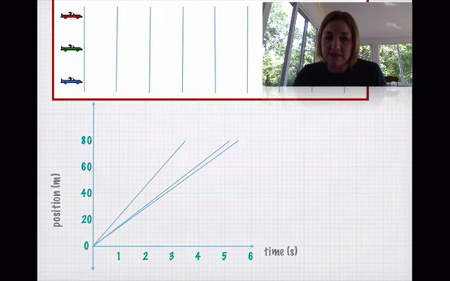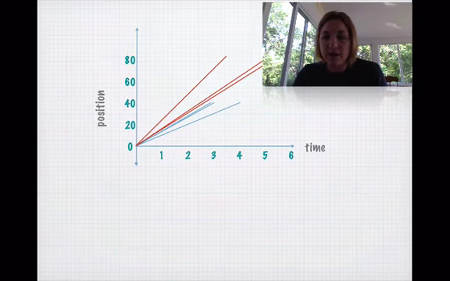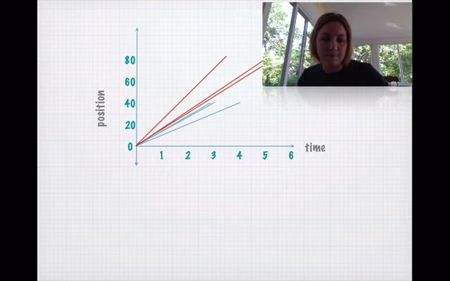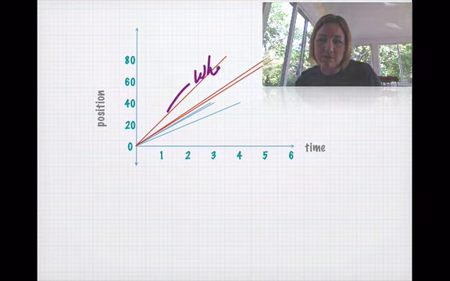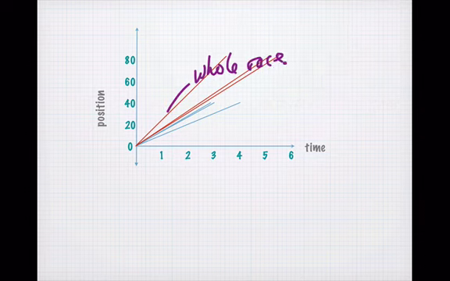Here, I'll go back. You can see that. Now these are red. But if we compare these, which represent the whole race, to these guys, which represent the first 40 meters only, we can see there's a change in slope. So there was a change in velocity.